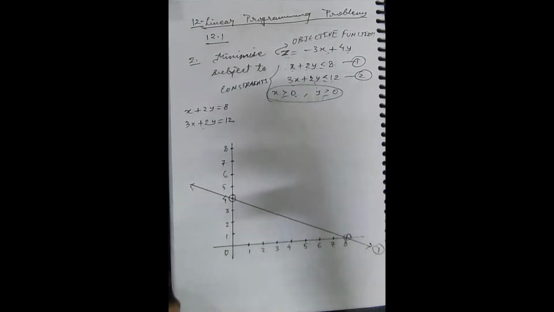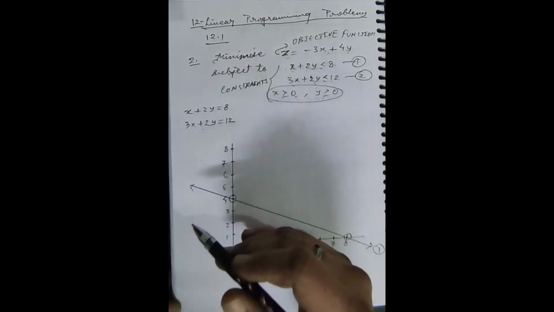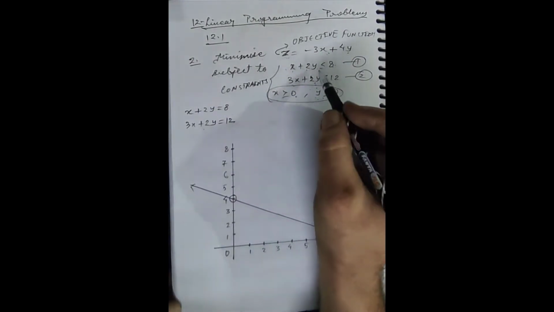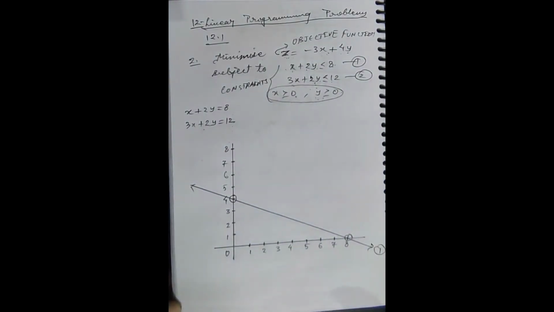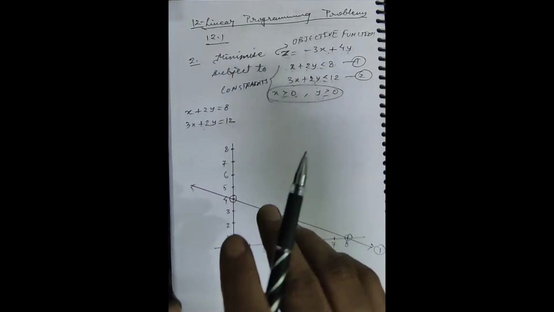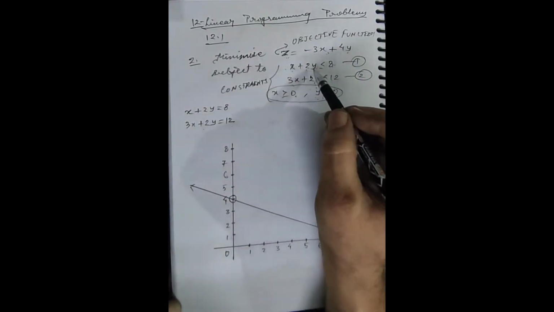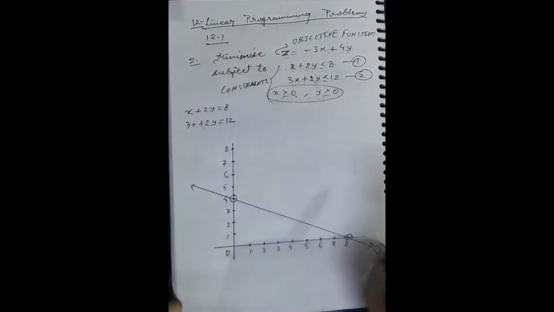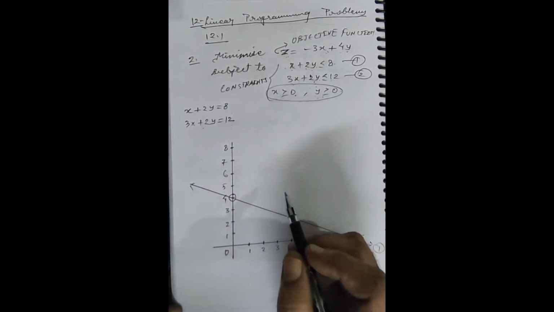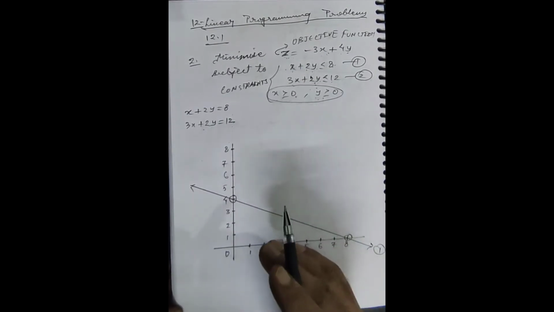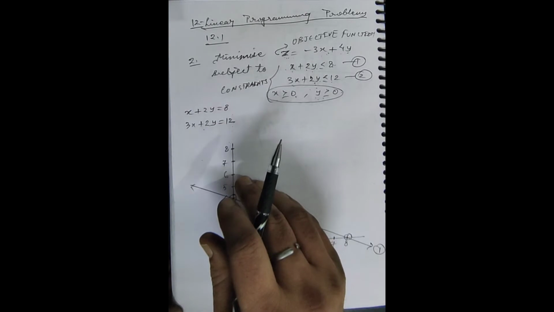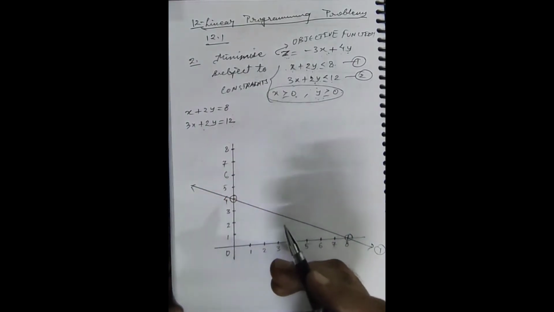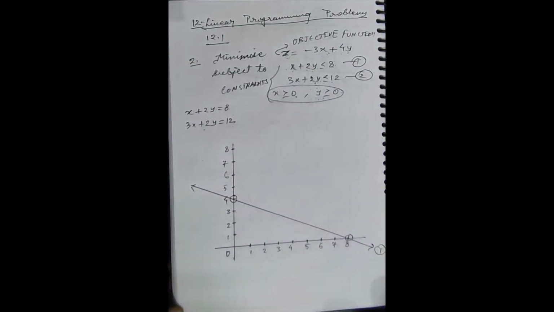Now after this, as this is an equation, this much is not enough. We have to shade one of the sides of this line. This is actually an inequation, and an inequation means it's a region, not the exact line. So we will take a point representing either side, one convenient for calculation.